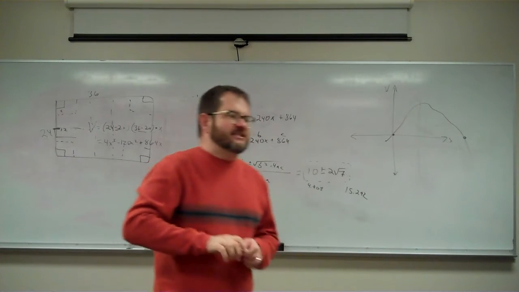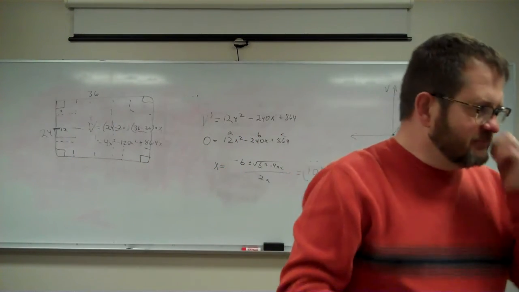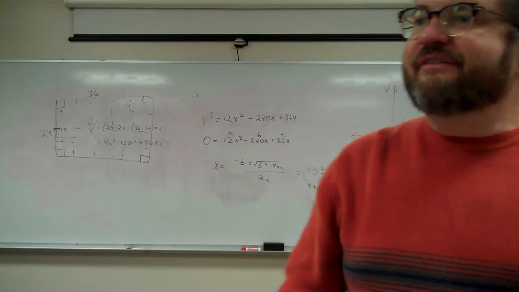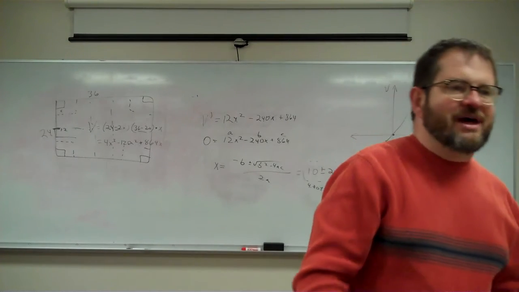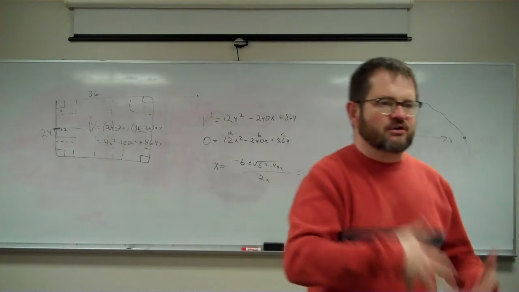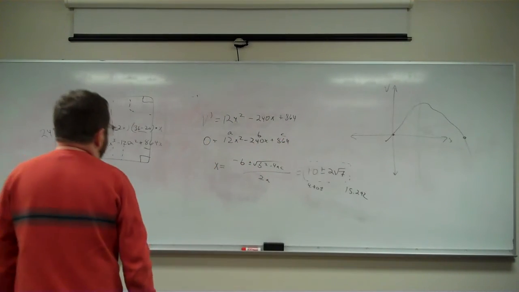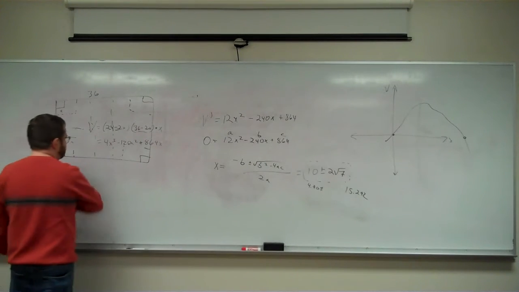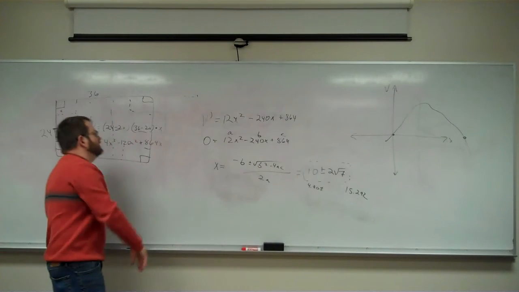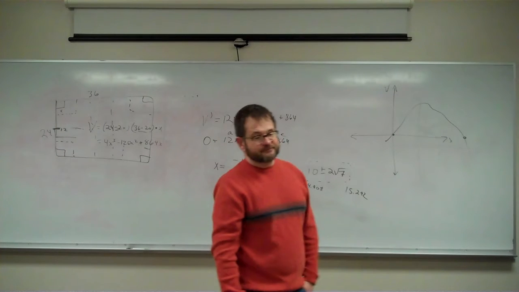One of them doesn't have a physical meaning. So the correct answer would be to cut 4.7 inches off from each side, and you'll get a box with a maximum volume, and the book probably annoyingly makes you actually solve that.